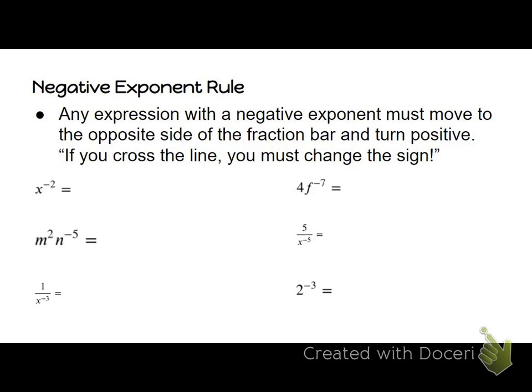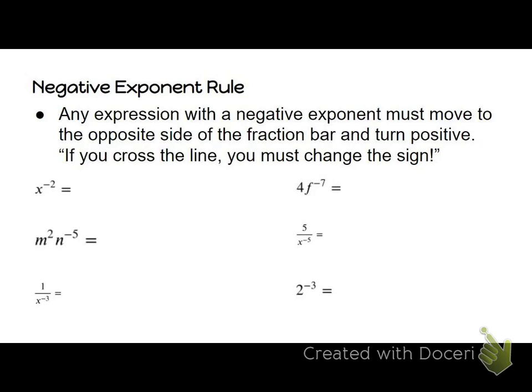But that sign stays with that exponent, okay? It doesn't go to the front of the whole fraction. It stays with that exponent. So, for example, we have x to the power of negative 2. I can't have a negative exponent, right? So, any expression with a negative exponent must move to the opposite side of the fraction bar.